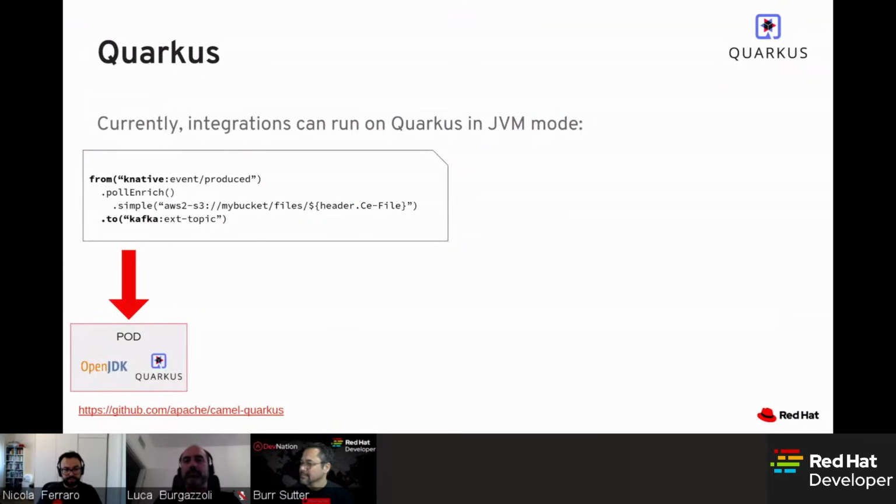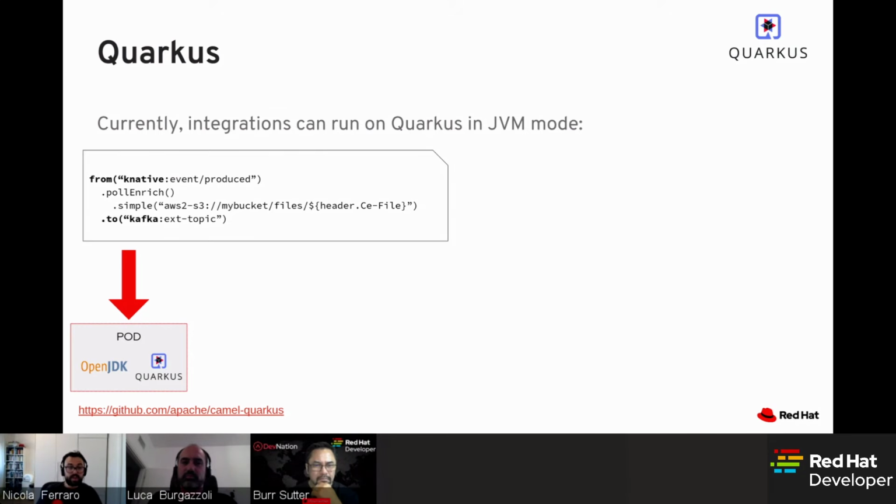What I've not shown to you is that Apache Camel is based on Java, and whenever you run some integration written with Apache Camel, it runs on an OpenJDK pod with Quarkus. Quarkus is currently optional, but it will be the default shortly. The problem with this approach is that a JVM uses a lot of memory compared to a native executable, for example, compared to Go.